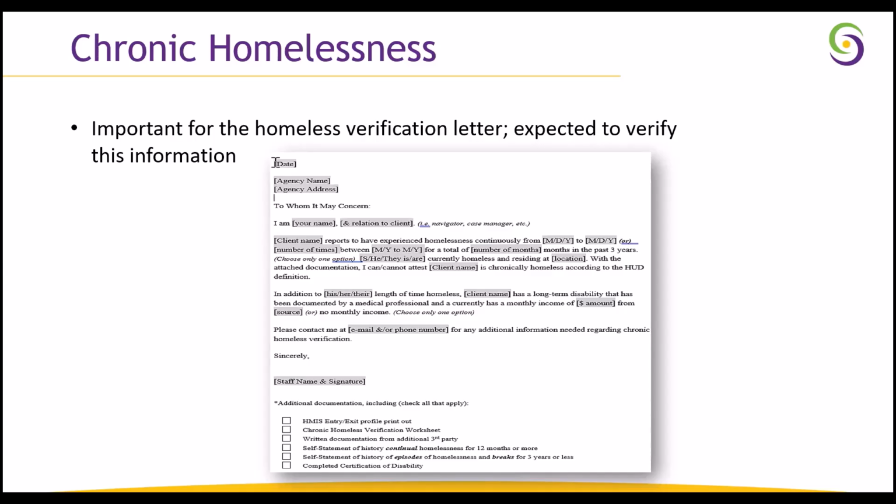Case managers will use the data in HMIS to complete this homeless verification letter for the client. So again, it is important to take the time and speak with the client to figure out their homelessness timeline, which will ultimately determine whether or not they are chronically homeless.